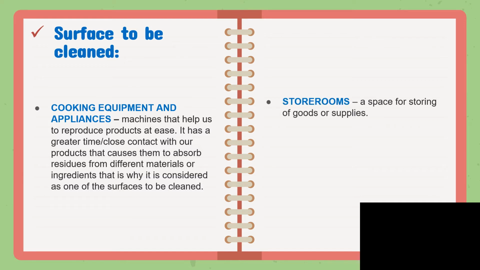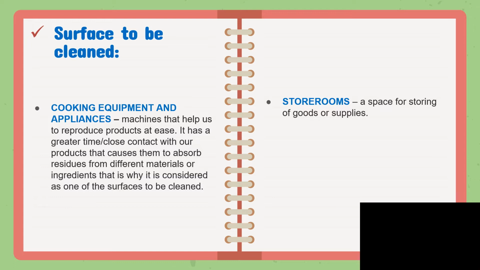So, next, the storerooms, a space for storing of goods or supply. So, also, when we say storerooms, lahat ng nakaimbak, like for example, sa mga fast food, meron silang mga lagayan na kung saan doon nakastock sa storerooms na yon, yung mga bread, mga kailangan sa kitchen, yung mga bigas, yung spaghetti noodles, na kailangan sa pagluluto, doon lahat nakaimbak sa storerooms doon.